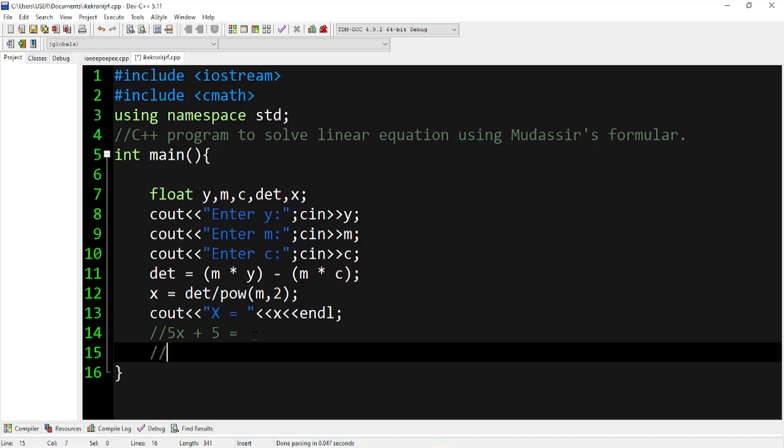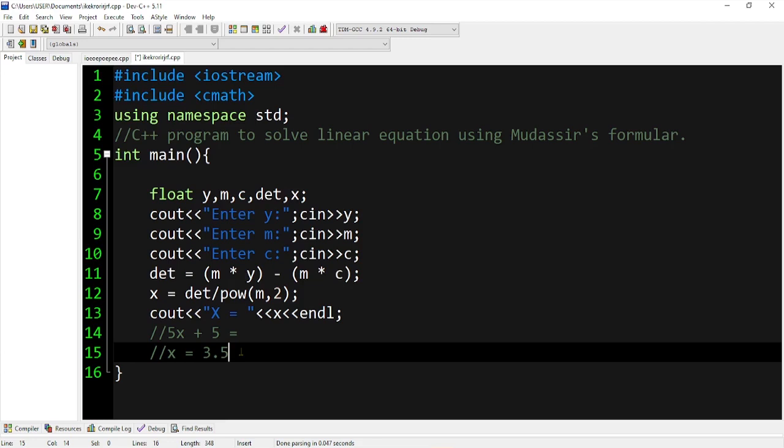I want the value of x to be 3.5. So 5 times 3.5 is what? 5 times 3.5 is the same thing as saying 5 times 35 divided by 10. So 5 times 35 is the same thing as saying 35 times 10, 350.